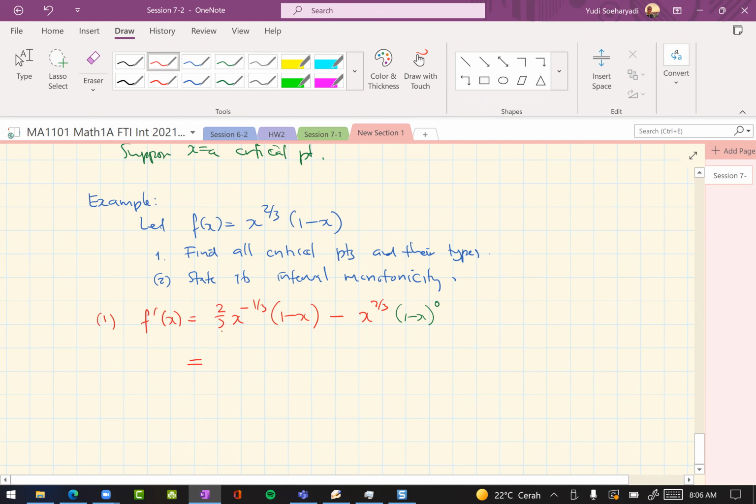I will factor out x to the lowest power: this is -1/3, this is 2/3, so the lowest is -1/3. The rest is just the constant. What's left is 2 times 1.